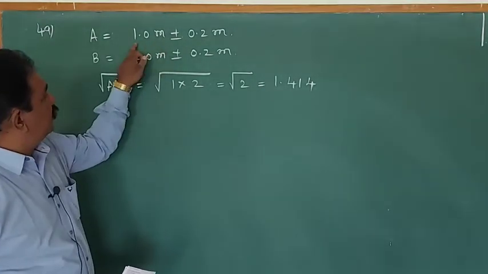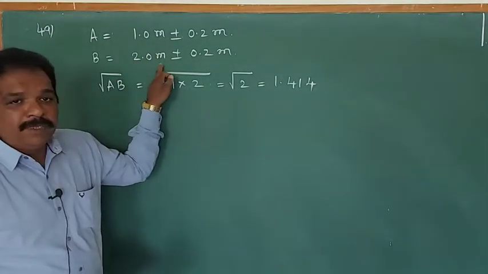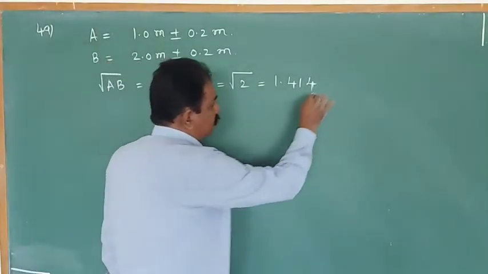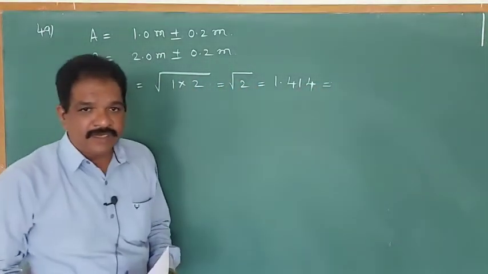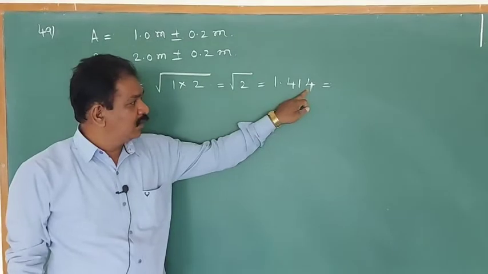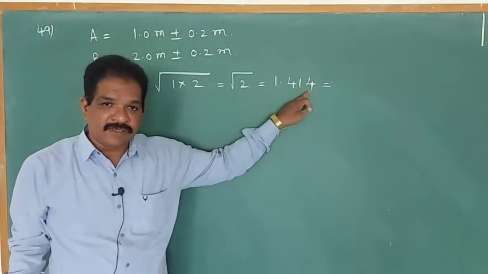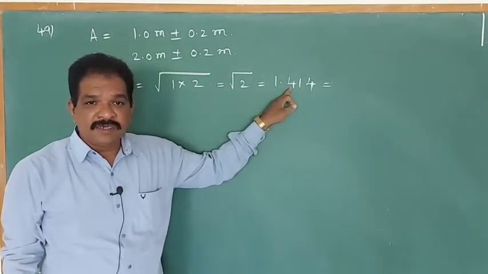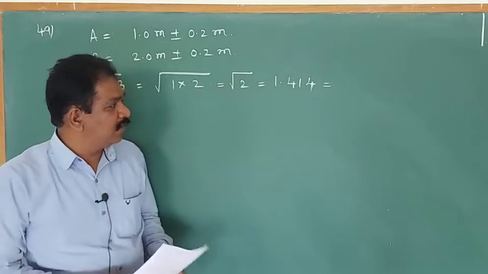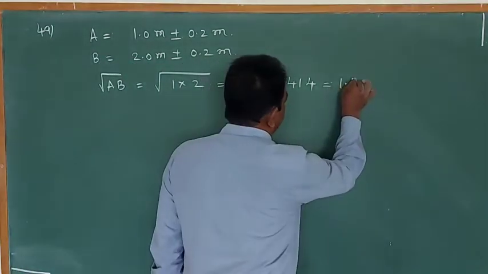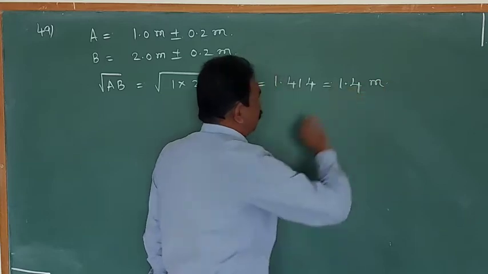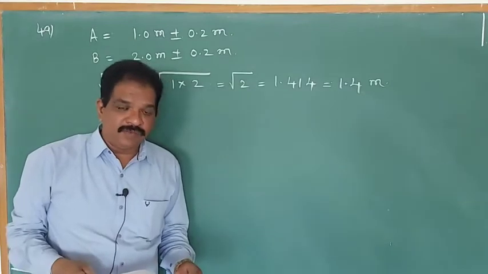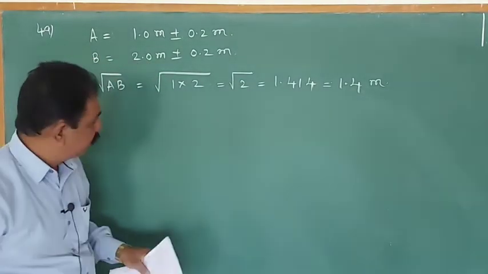But A has only two significant figures, B is also having two significant figures. Final answer should also have two significant figures. Discard this 4, 1 will not change because it is less than 5. Discard this 1, the previous digit will not change because it is less than 5. So this value becomes 1.4 meter. Understanding?